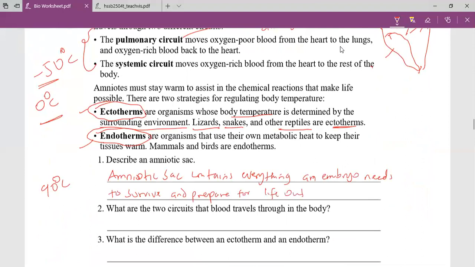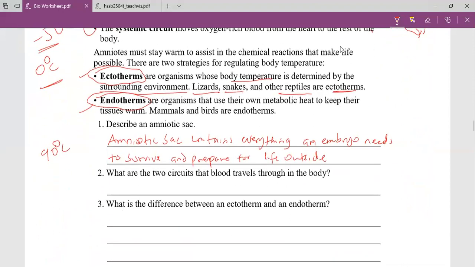An amniotic sac contains everything that an embryo needs to grow. Yeah, to grow and prepare for life, and to grow, survive, and prepare for life. It's okay, but just add and prepare for life outside. So I wrote it needs to grow, survive, and prepare for life outside.